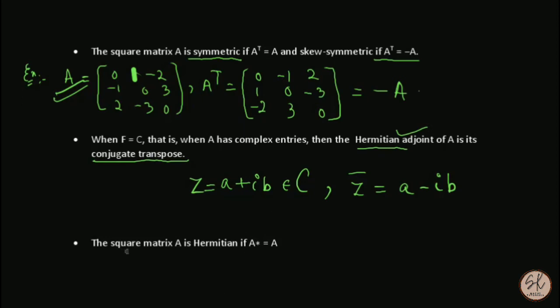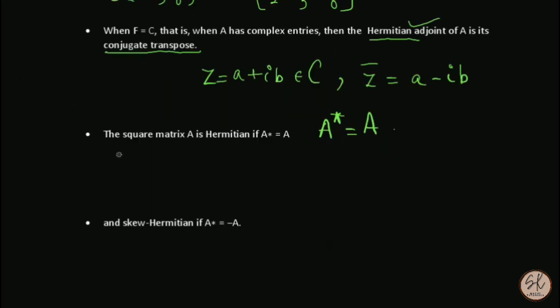Now a square matrix A is said to be Hermitian if A star is equal to A. Let me explain this through an example.